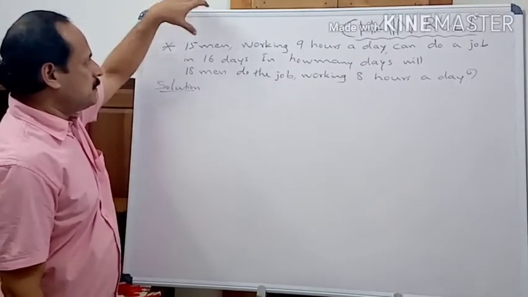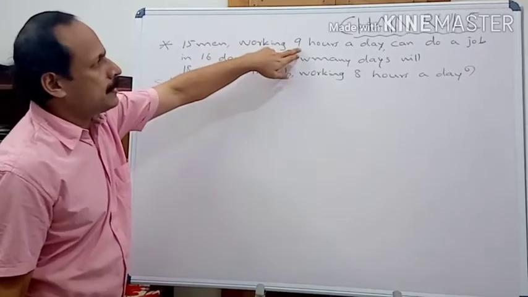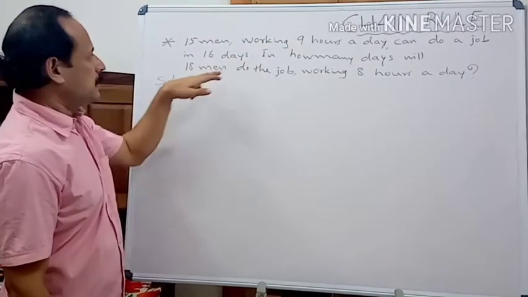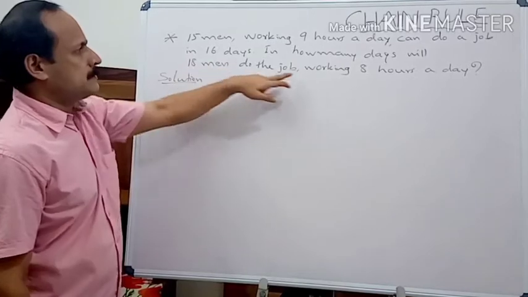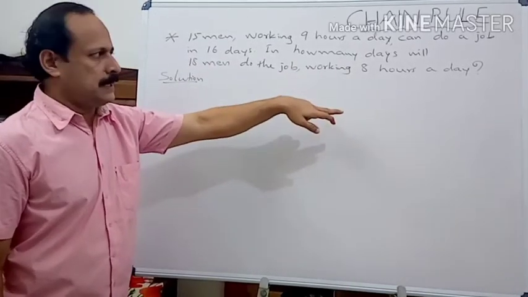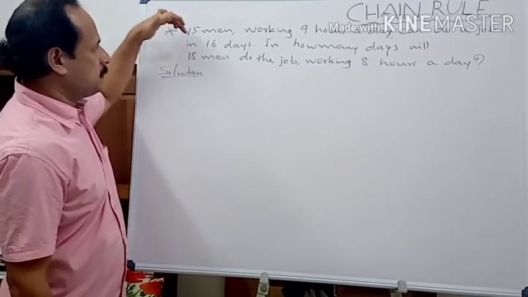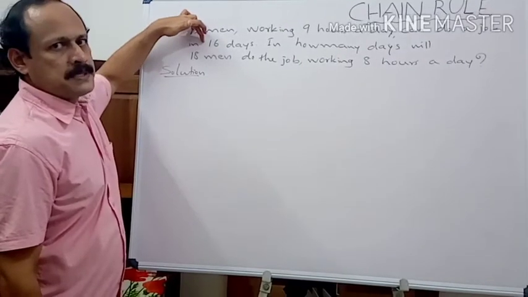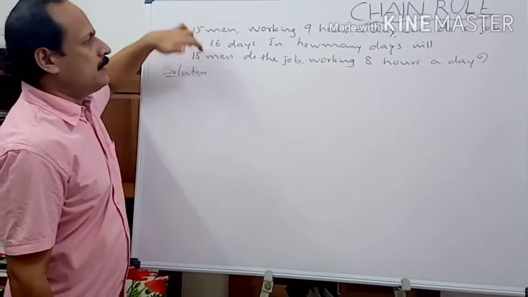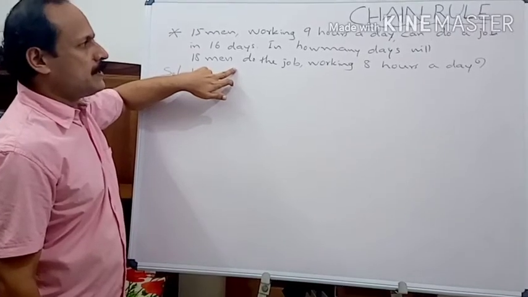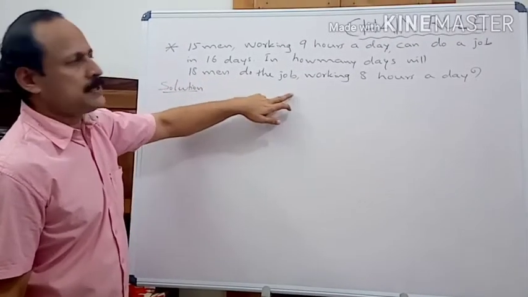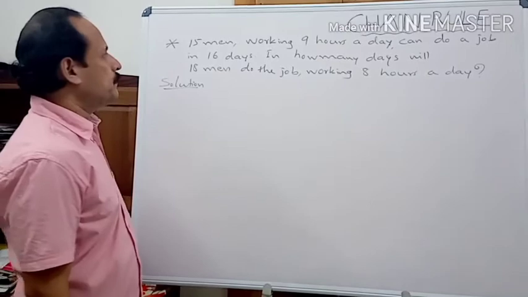In the first case, 15 men working 9 hours a day. The second case, 18 men working 8 hours a day. And in the first case, it takes 16 days to complete the job, and we have to find out the number of days required to complete the job in the second case.